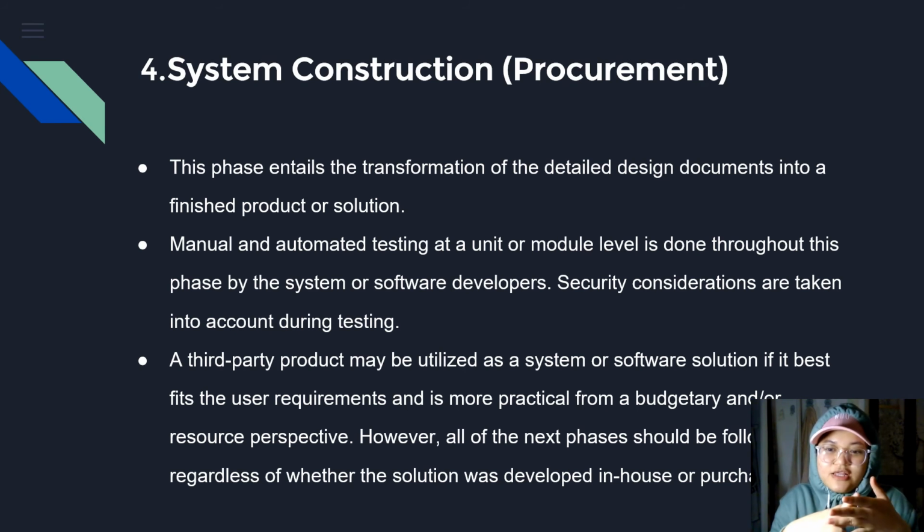Security considerations are taken into account during testing, and a third-party product may be utilized as a system or software solution if it best fits the user requirements and is more practical from a budgetary and resources perspective. However, all of the standards should be followed regardless of whether the solution was developed in-house or purchased.